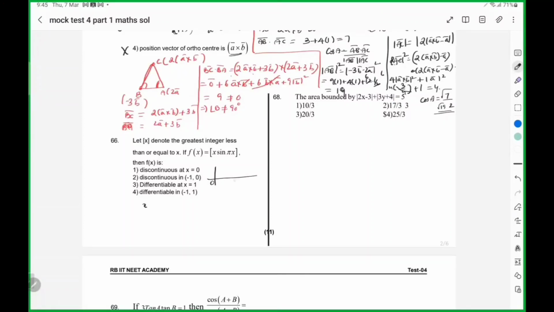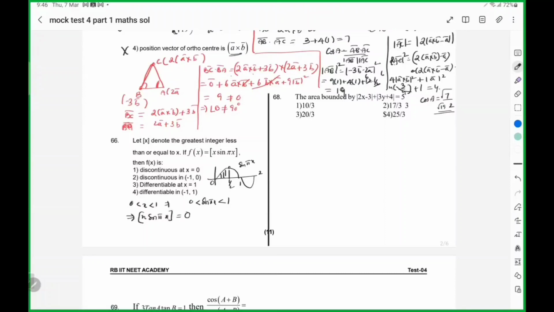Sine is 0 when x is half, sine 90 is 1. It is the sine pi x graph. Let us take x lying between 0 and 1. Sine pi x values also lie between 0 and 1, which implies x sine pi x.